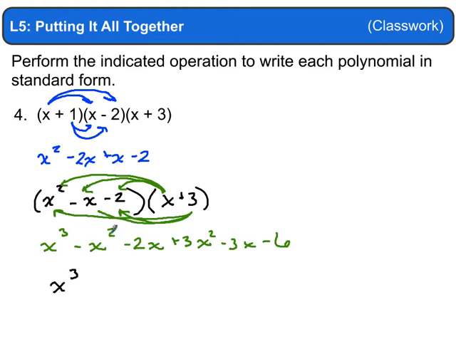We have a negative x squared and a positive 3x squared. That would give us a 2x squared. Negative 2x minus a 3x is a negative 5x, and then we have a minus 6. So that's using the distributive property and not using the area model at all as an option.